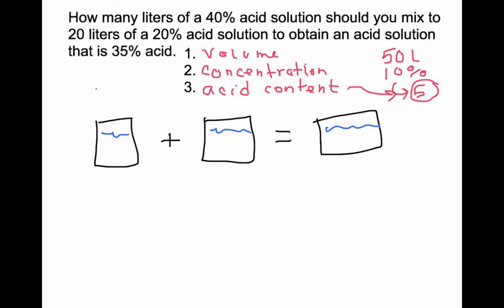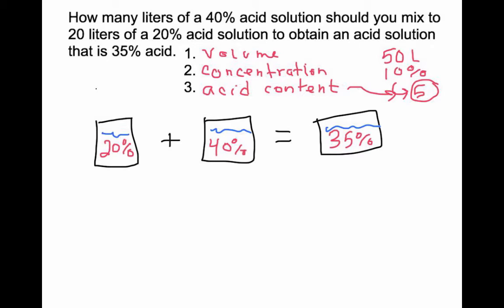Now, using this picture, I'm going to bring down that information from up above: the volume, the concentration, and the acid content. So up above, if we can also read the words, it says how many liters of a 40% acid solution should you mix to 20 liters of a 20% acid solution to obtain a 35% solution. So right then and there, I know I am taking a 40% acid solution and mixing it with a 20% acid solution, and when I mix those two, I want to obtain something that is 35% acid.